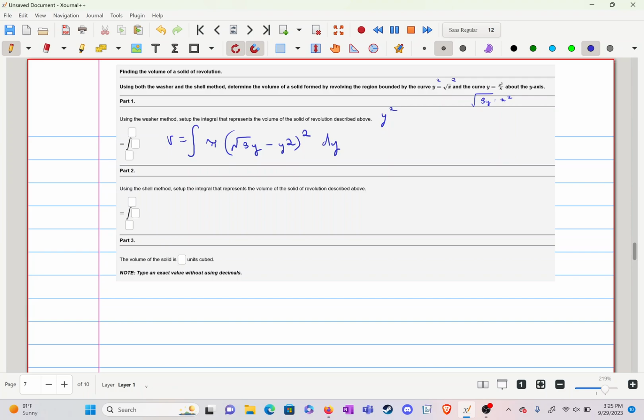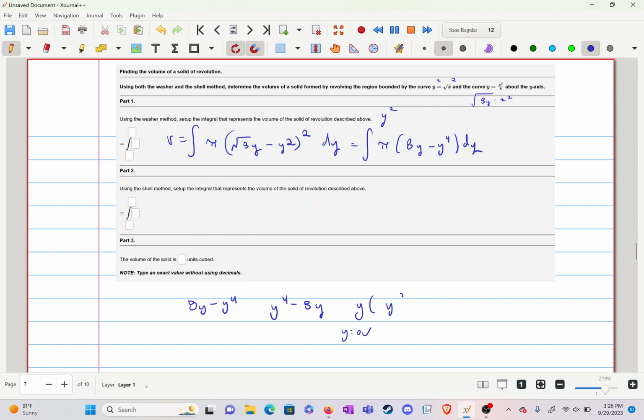And we need our bounds of integration here. So let's apply this square. Pi times 8y minus y to the fourth dy. Now let's take this 8y, y to the fourth, make it y to the fourth minus 8y. Obviously we're going to take out the y. That's going to give us y equals 0.